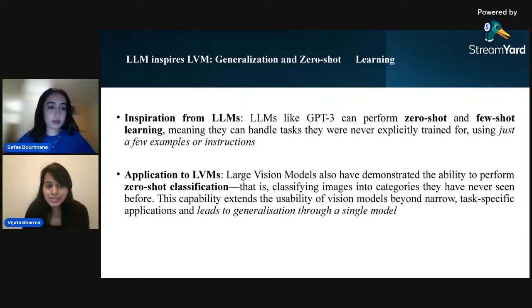LVM is also going the same way, becoming more generalizable as a zero shot learner. It means it should predict the object, the scene, the action recognition, for example, in video data, even on unseen data. So these kinds of research are ongoing, which are really inspired by the LLM.